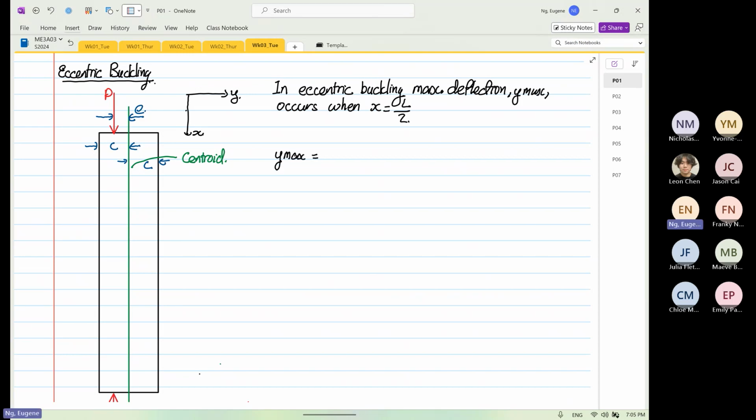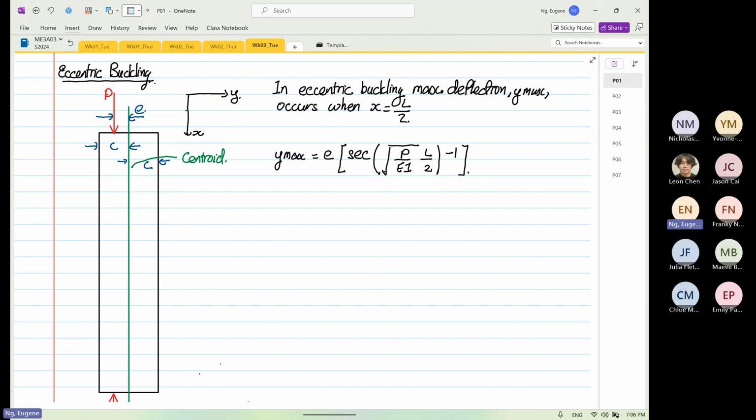So Y max is equal to E, so now you know what E is all about, right? Then secant, bracket, square root of P over EI multiplied by L over 2, the whole thing, secant, sorry, minus 1.